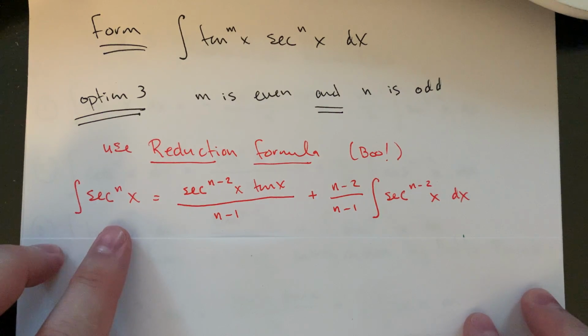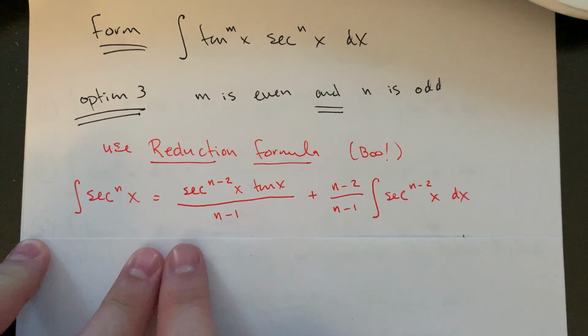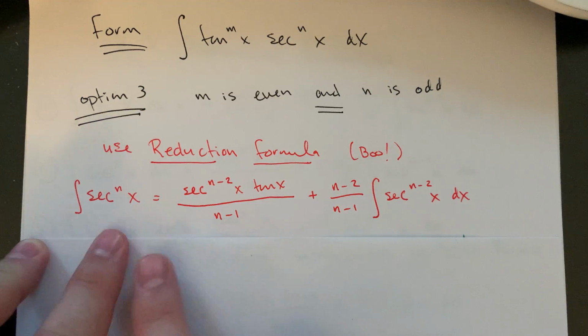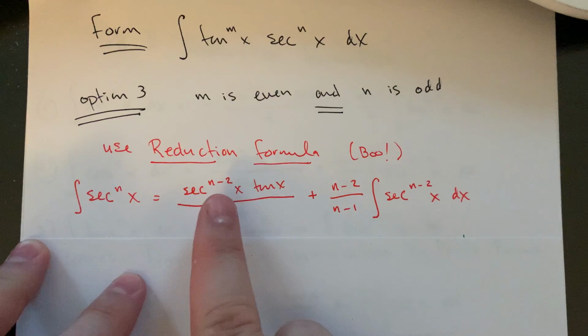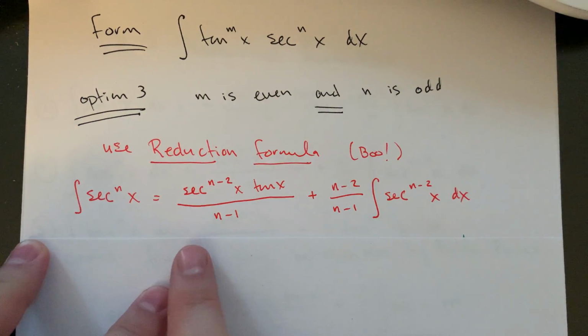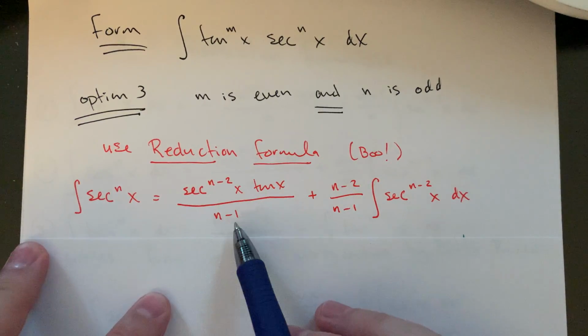And so what you get here, secant to the n of x, the integral of just that, is going to end up looking like secant to the n minus 2 of x. So if this is 5, then this is 3. If this is 7, then this is 5, right? You're subtracting by 2. So secant to the n minus 2 of x times tangent of x, that's a secant tangent thing over n minus 1.